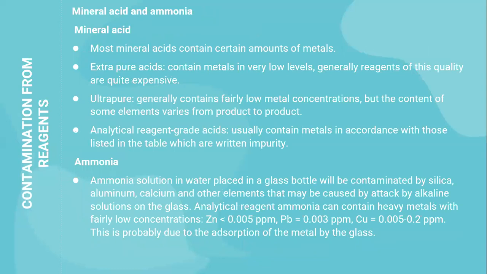This is contamination from reagent. The first is mineral acid and ammonia. What is mineral acid? Most mineral acid contains certain amounts of metals. And for mineral acid, we know that there is an extra pure acid. It contains metal in very low levels. Generally, reagents of this quality are quite expensive.